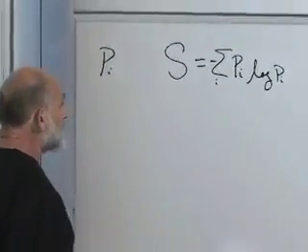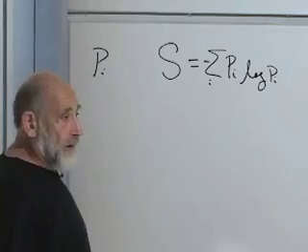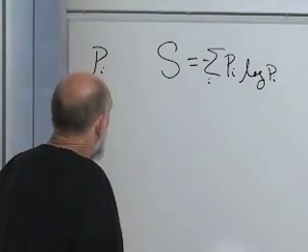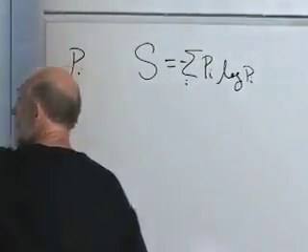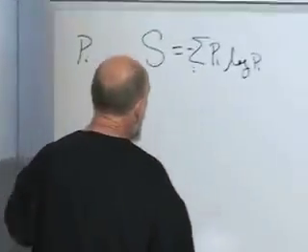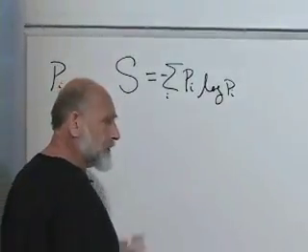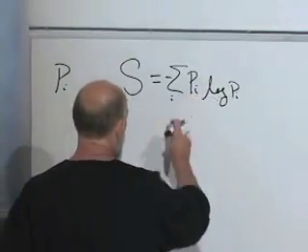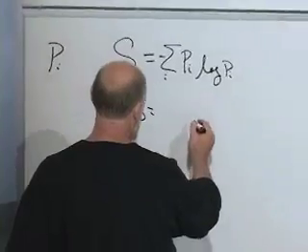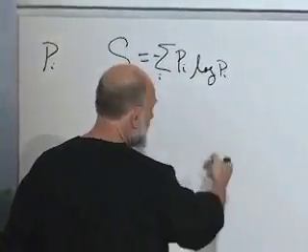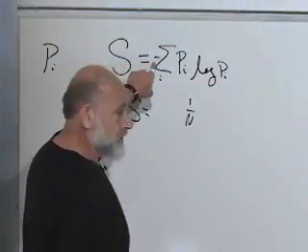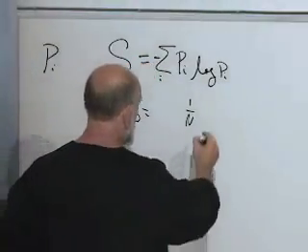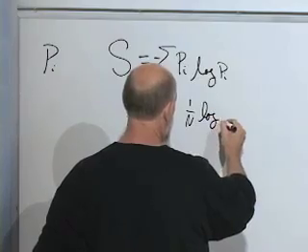The other extreme is when you have complete ignorance. And in that case, each p sub i is 1 over n. Let's take it to be the same n here. Each p sub i is 1 over n, and then you get S equal to, before you do the sum, 1 over n log 1 over n, but it's minus log 1 over n, so that's actually the same as log of n.